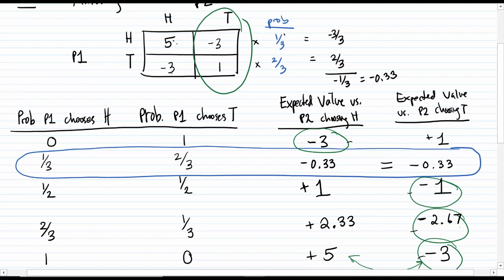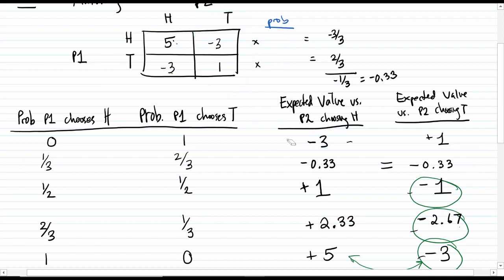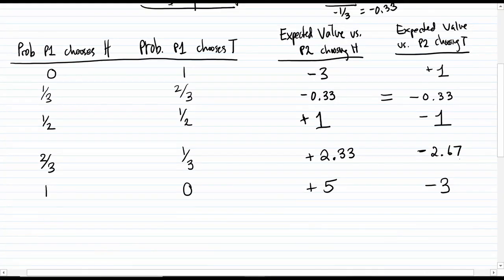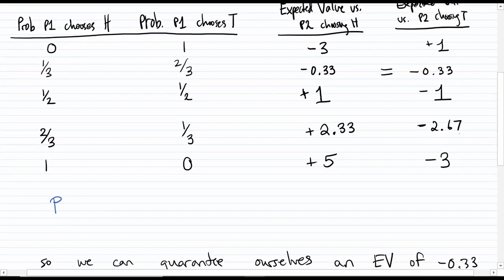So let's add an extra row to this chart. But instead of saying what number the probability will be, we'll leave it as a variable. We'll leave it as the variable p. So p is just going to represent the probability we pick heads.